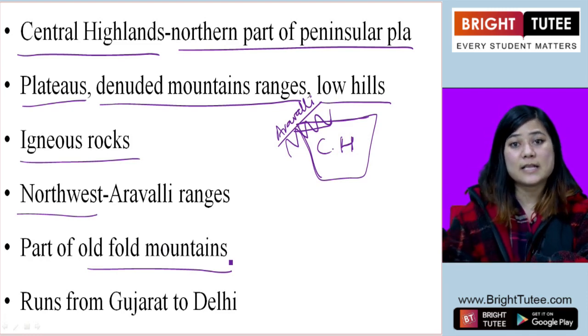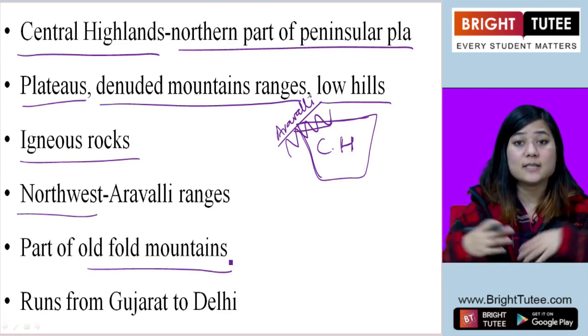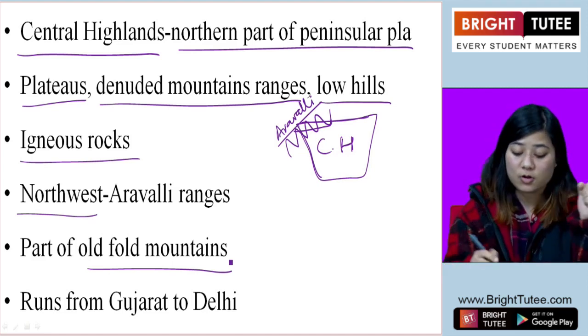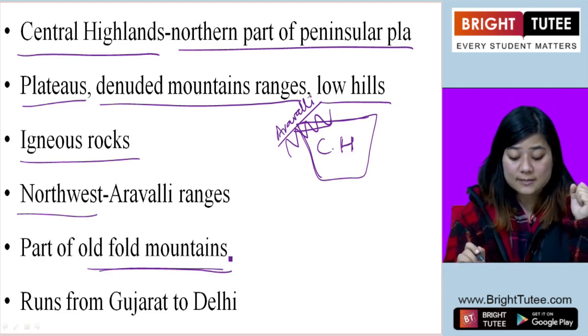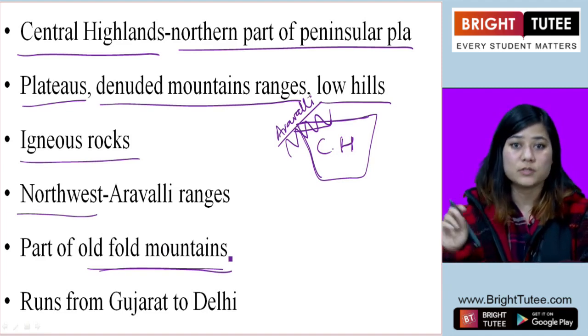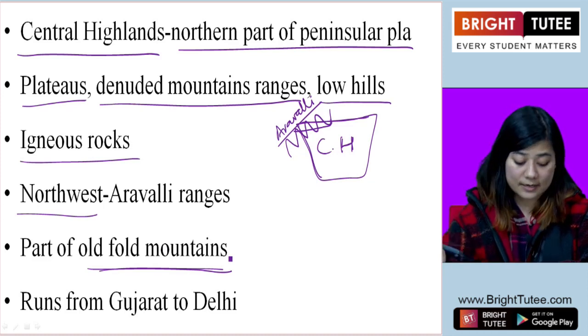Some ripple-like structures were formed, and the mountains formed as a result of such compression are called fold mountains. Right? Now this Aravalli range was also part of that fold mountains.